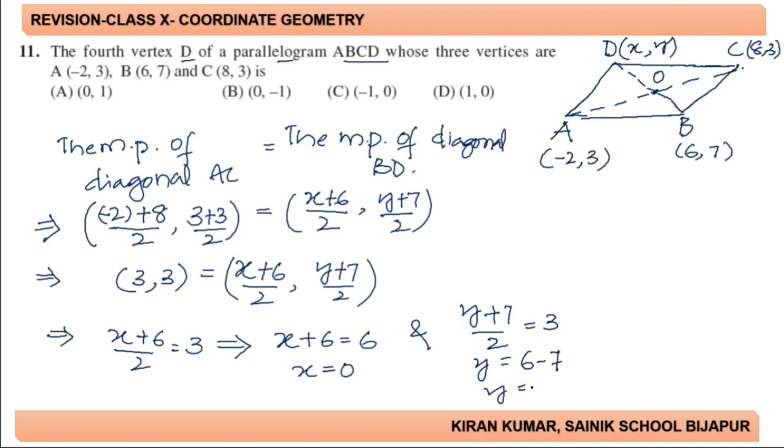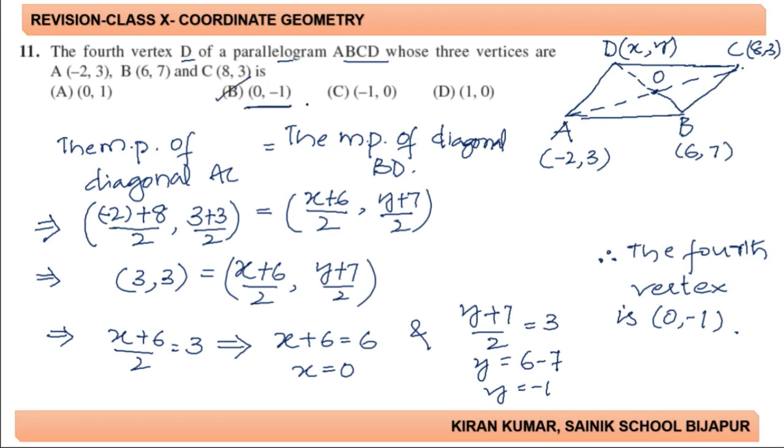So y value is negative 1. Therefore, the fourth vertex is (0, -1). This verifies that option B is a right answer.